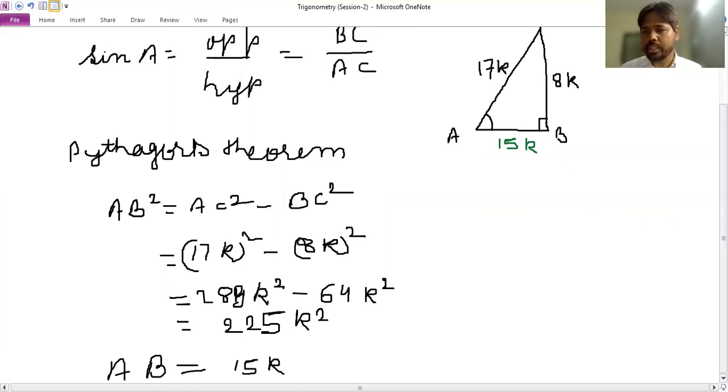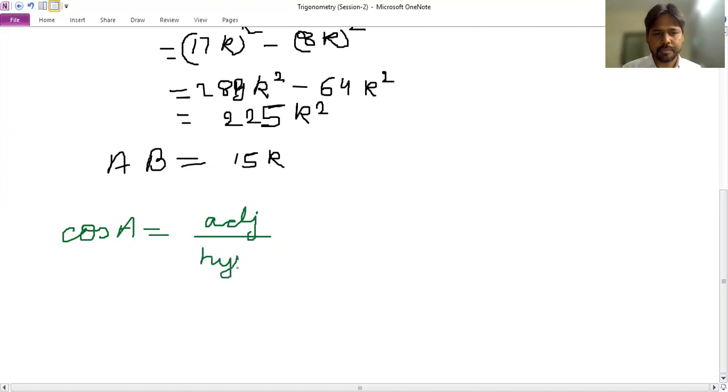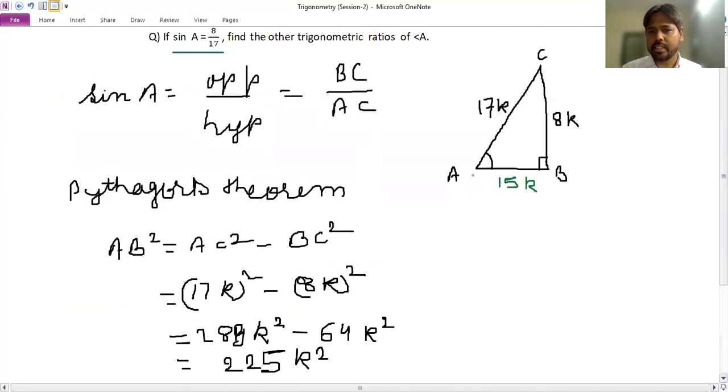Now, what are the other trigonometric ratios that we are looking for? The first one is cos of angle A, and we have seen that cos of angle A will be equal to adjacent side upon hypotenuse. From this figure, the adjacent side is AB and the hypotenuse is AC.